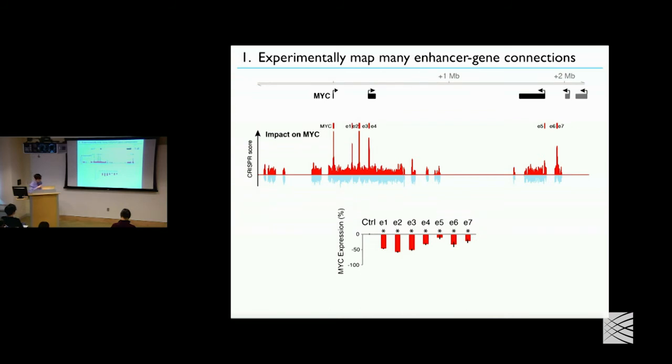So maybe, but there are different ways that you can imagine doing this particular experiment. We used an epigenetic repressor called KRAB. It might be better to go back and do this by deletion. There are various experimental variations that we're working on, to try to understand whether there are things that we're missing in this assay.